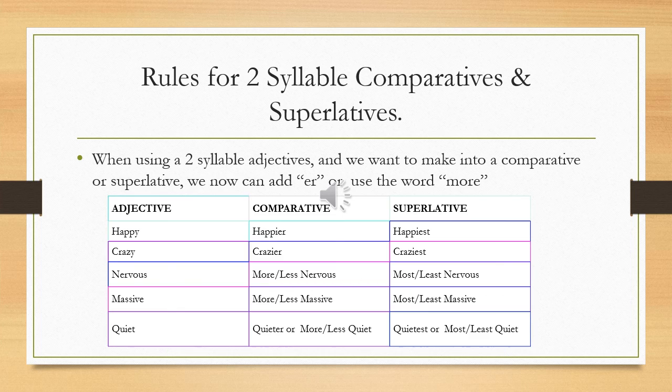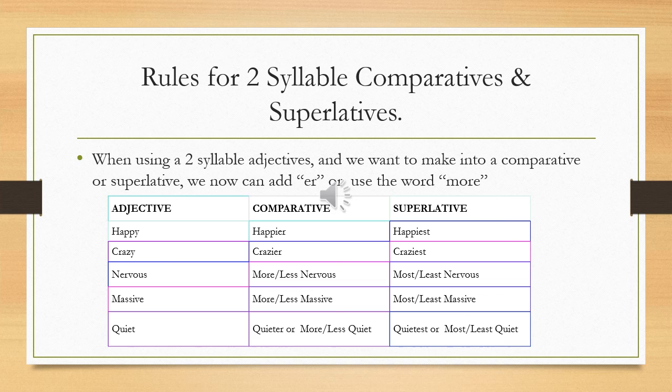So what about comparatives and superlatives that have two syllables? So happy, crazy, nervous, massive, or quiet. Well, it's a bit trickier when we're using two syllables, okay? So we can still add the ER for the comparative, but we can also sometimes now add the word more or less.